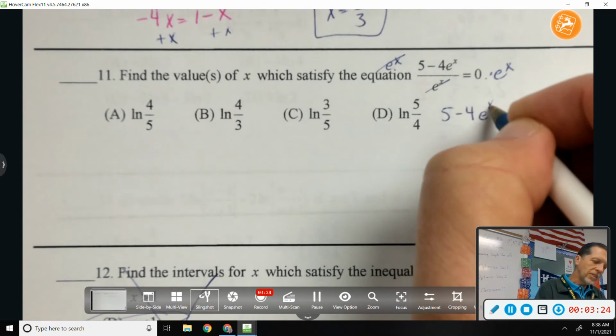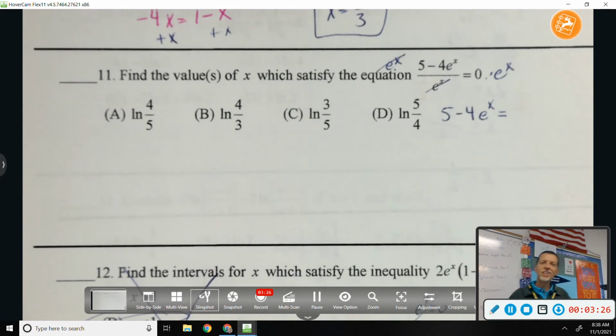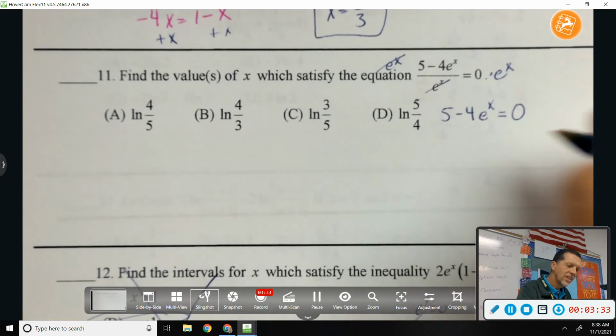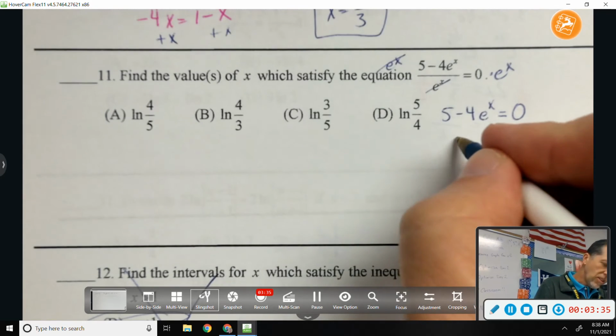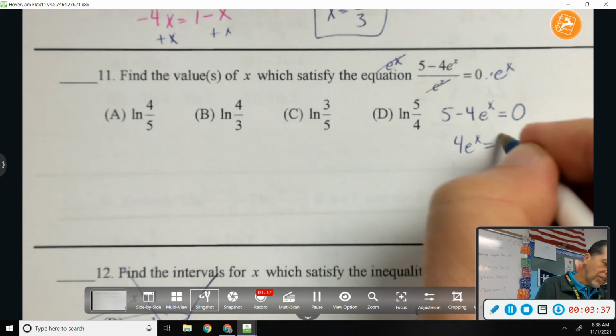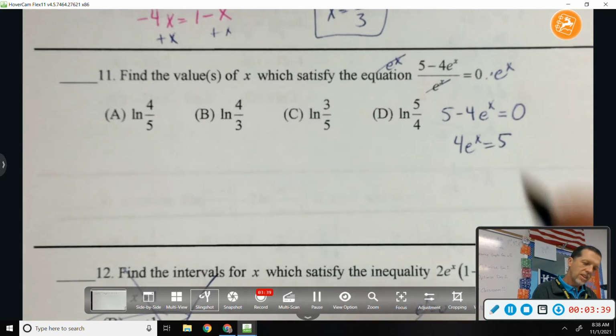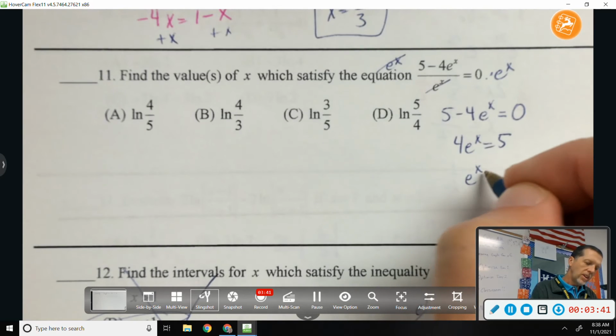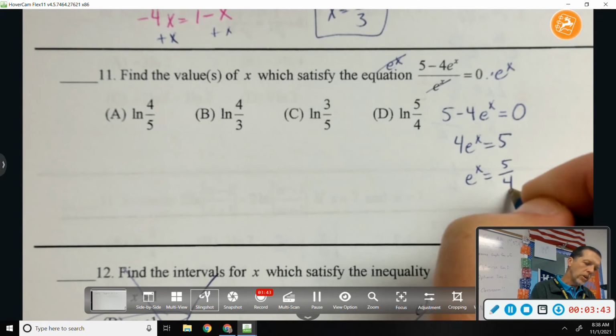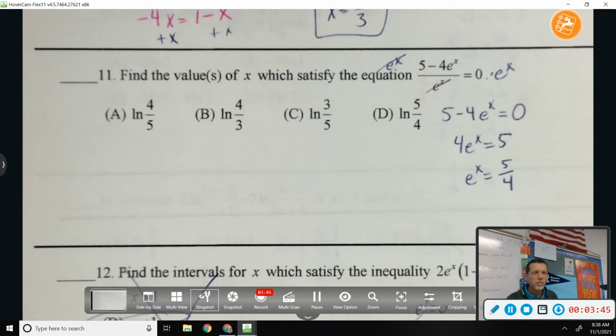And we have another unintentionally nice thing about this problem. What does the right-hand side equal? 0. So 4e to the x equals 5. So e to the x equals 5/4. But then, now what? What do we do to both sides? This was the whole point of this lesson.